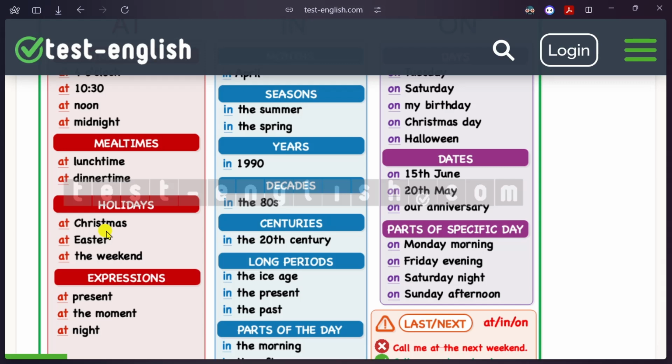At Christmas, the Christmas season, not only one day. I don't understand it as a different period of time. It's just that if you just say Christmas, you say at Christmas. It's the holiday. But if you're talking about days, you use on. Maybe there are some more examples further down.